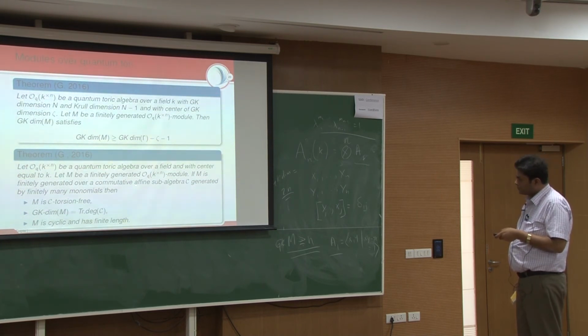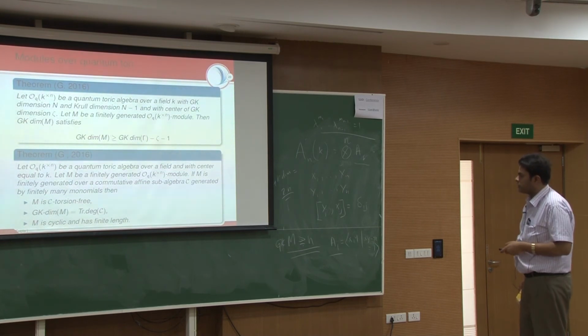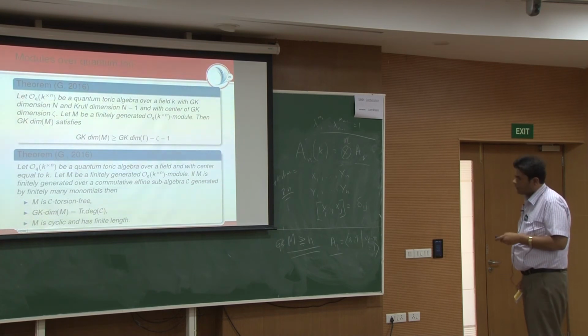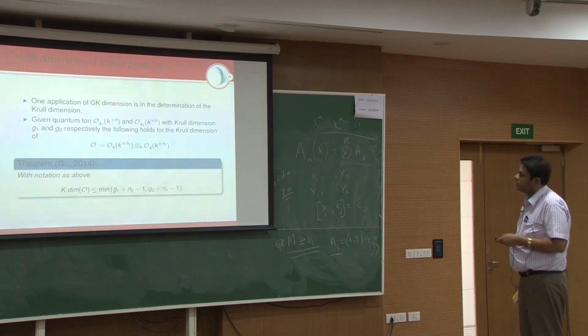But if we assume that the commutative subalgebra is affine, then M is torsion free over that affine commutative subalgebra, the GK dimension will equal the transcendence degree, and it will be cyclic and also have finite.